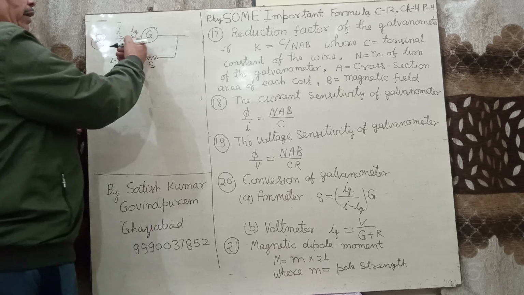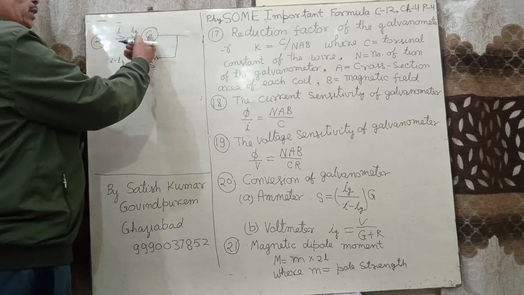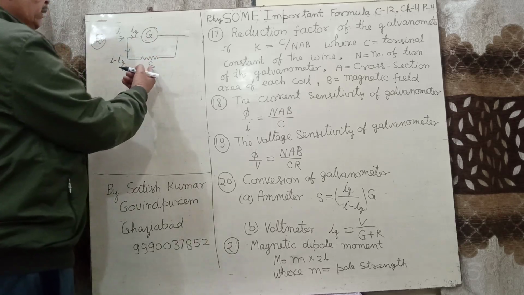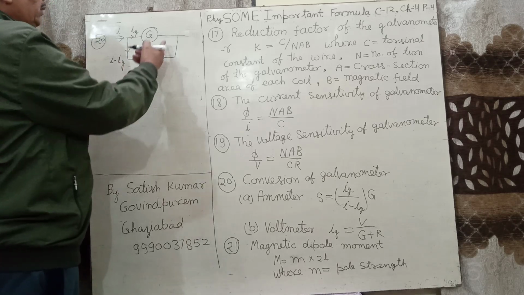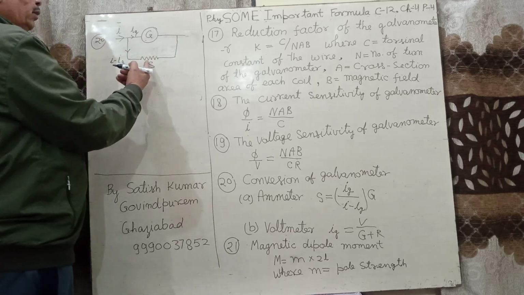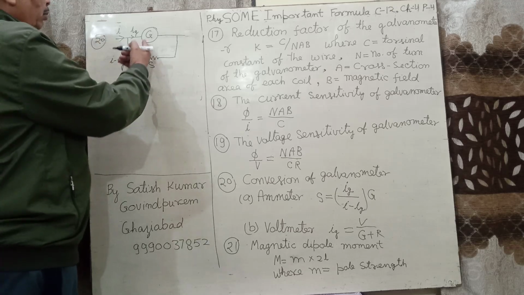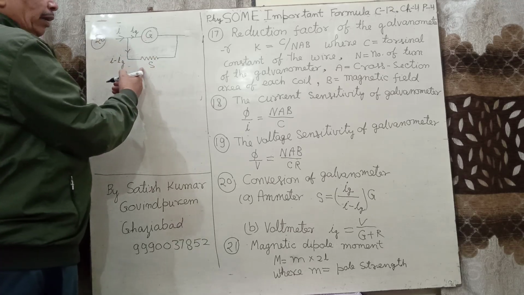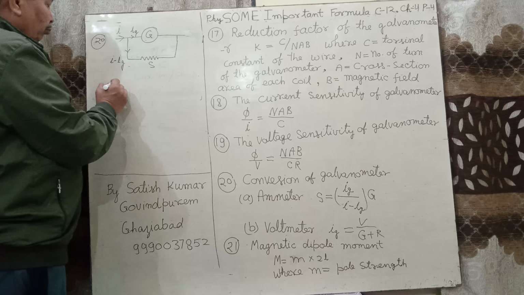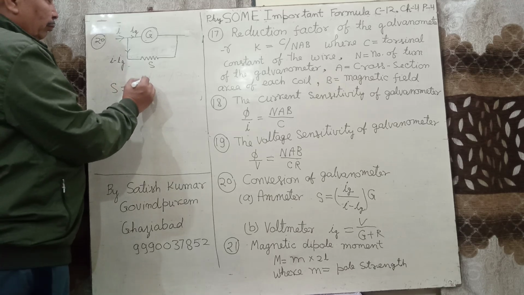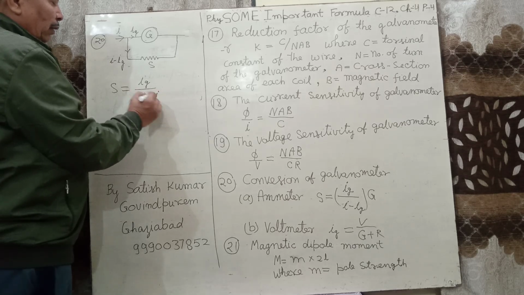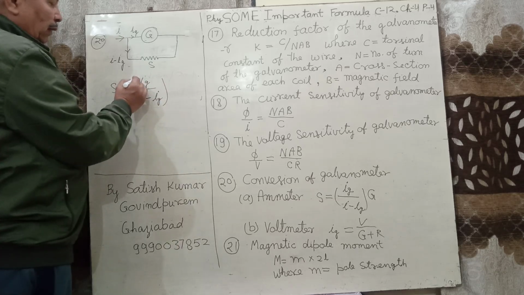Suppose this is a galvanometer whose resistance is capital G. This is the shunt whose resistance is S. If we connect the resistance, then the galvanometer behaves as an ammeter. In this condition, S equals Ig upon I minus Ig into capital G.